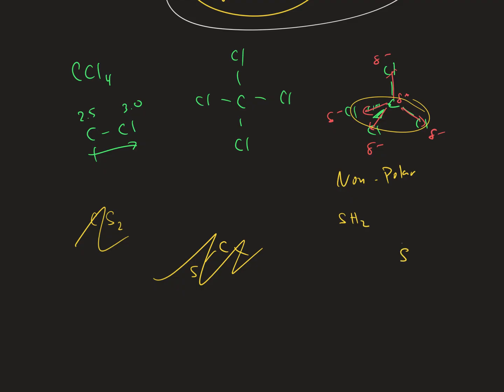But here's what it looks like. We have lone pairs around there. This is still going to be a polar molecule, even though it has zero polar bonds.